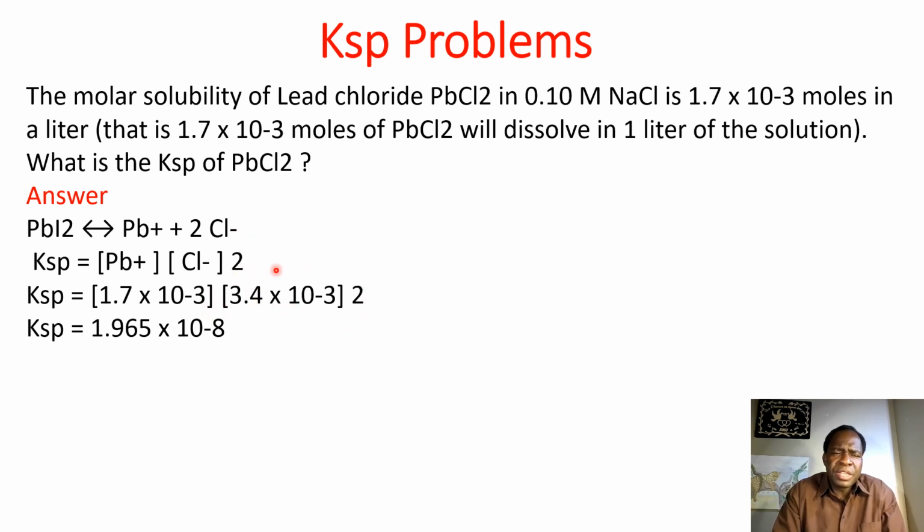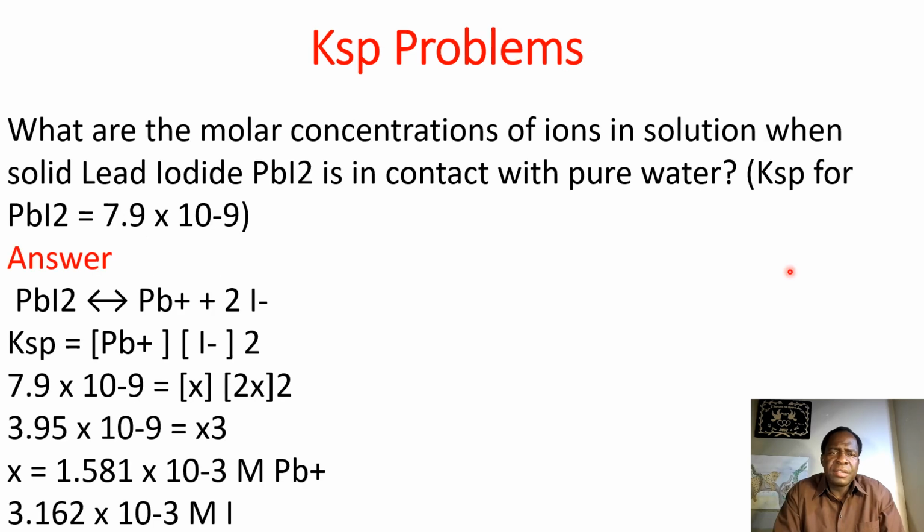That's how we obtain the 3.4 times 10 to the power minus 3: it is 2 times this concentration, and we square it up. If you do the calculation, you will find Ksp equal to 1.965 times 10 to the power minus 8. Quickly, let's move to the next slide.